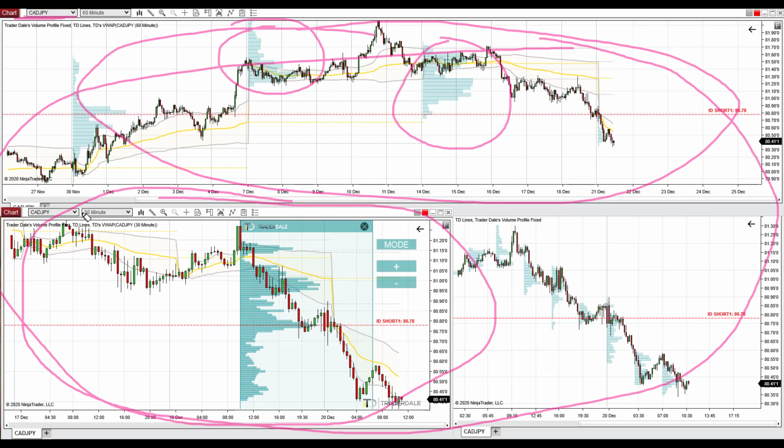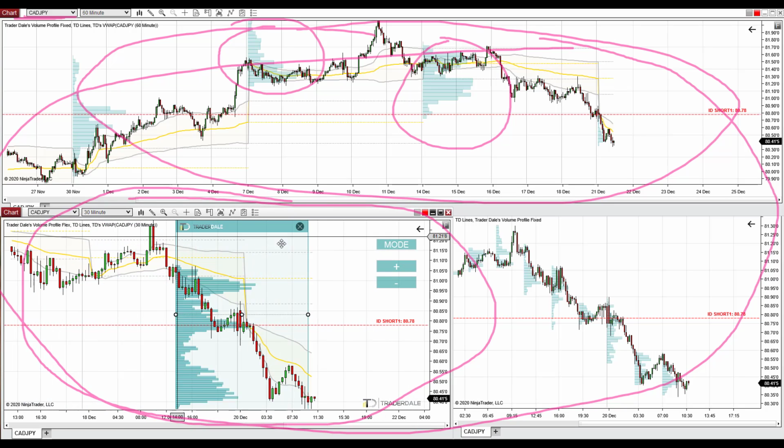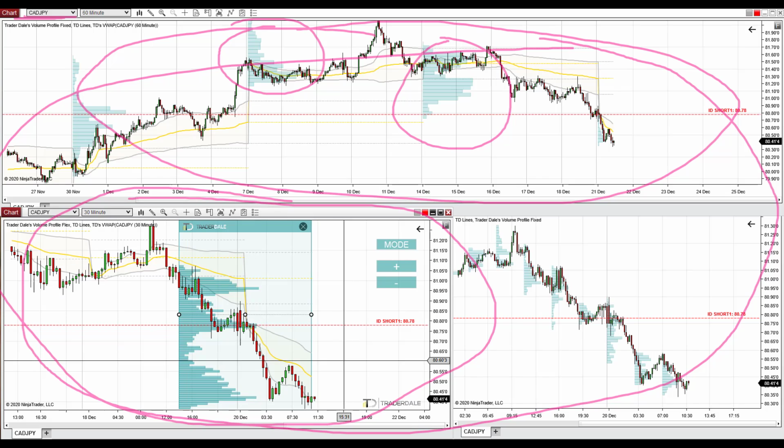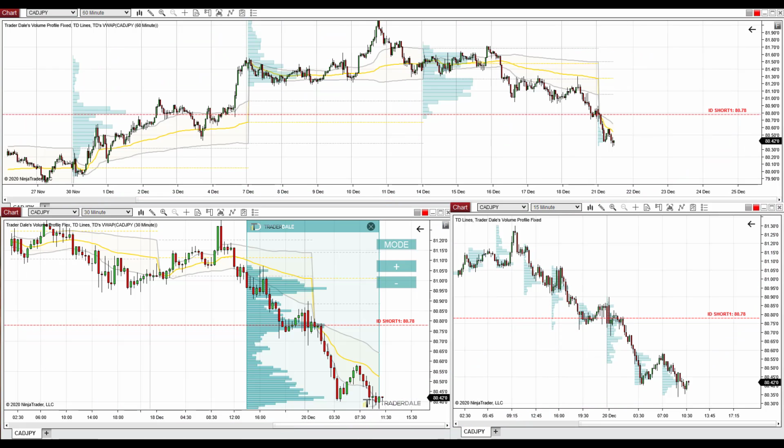This one is a 30-minute chart where I use my flexible volume profile. That's a profile which you can move around like this. And this chart, the last one, is a 15-minute chart with fixed profiles. Those are 4-hour profiles. Those get printed automatically every 4 hours.